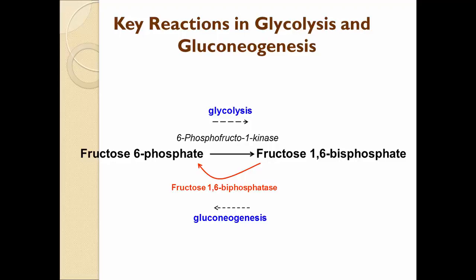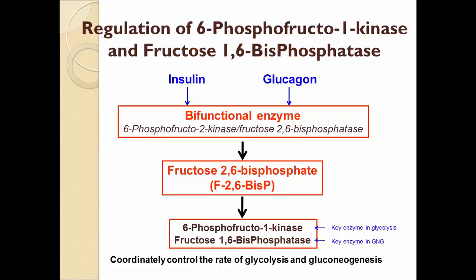Remember this? So here is the whole picture of how these two key enzymes in glycolysis and gluconeogenesis are regulated by insulin and glucagon, involving the bifunctional enzyme and key substrates.